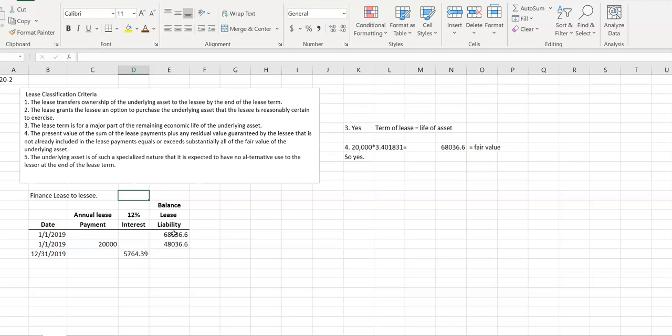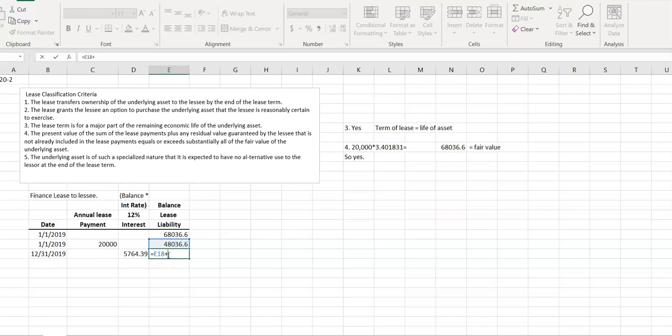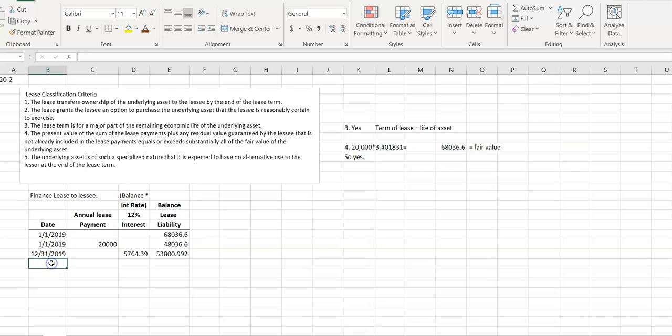So this is balance times the interest rate. All right, and then that gets added to the lease liability. So it's the 48 plus the 57.